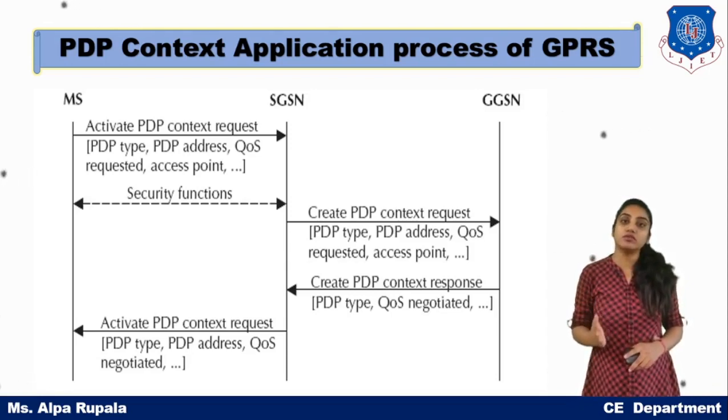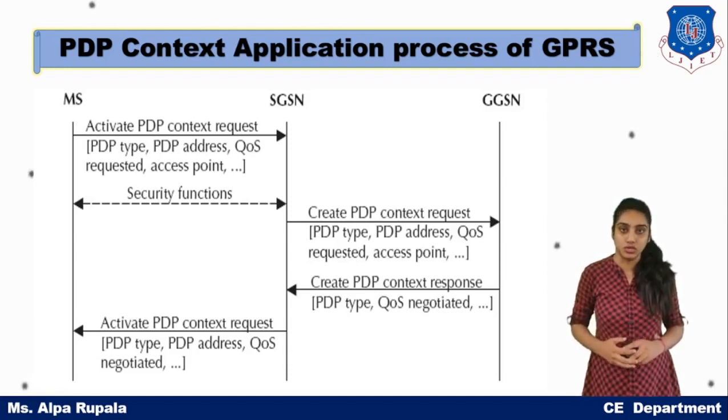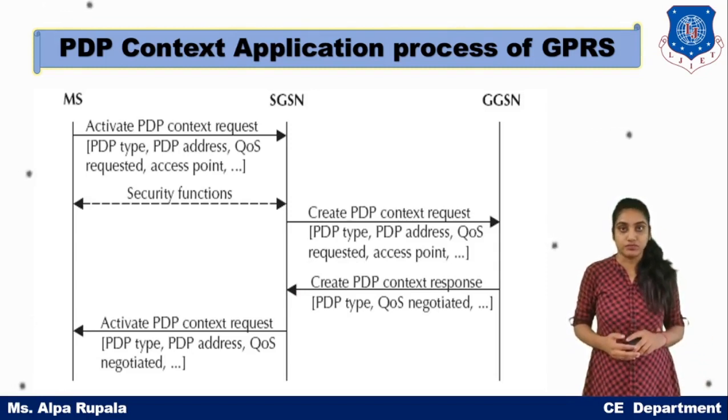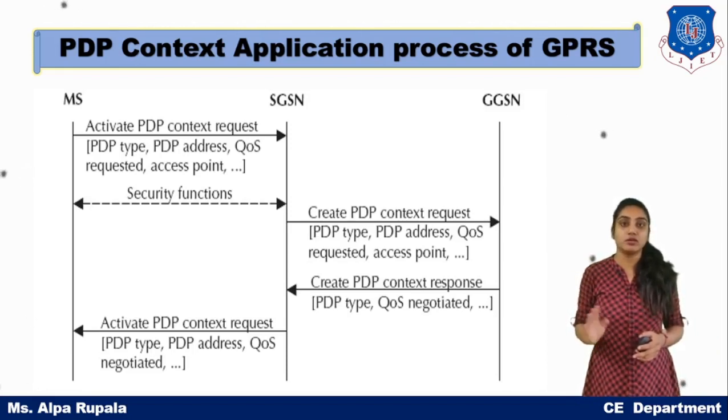Whatever task we perform in GPRS will be handled by the SGSN only. Whatever decision we make will go through the SGSN. The security check, the mobility management, the handoff mechanism, and the call mechanism will all be handled by the SGSN.